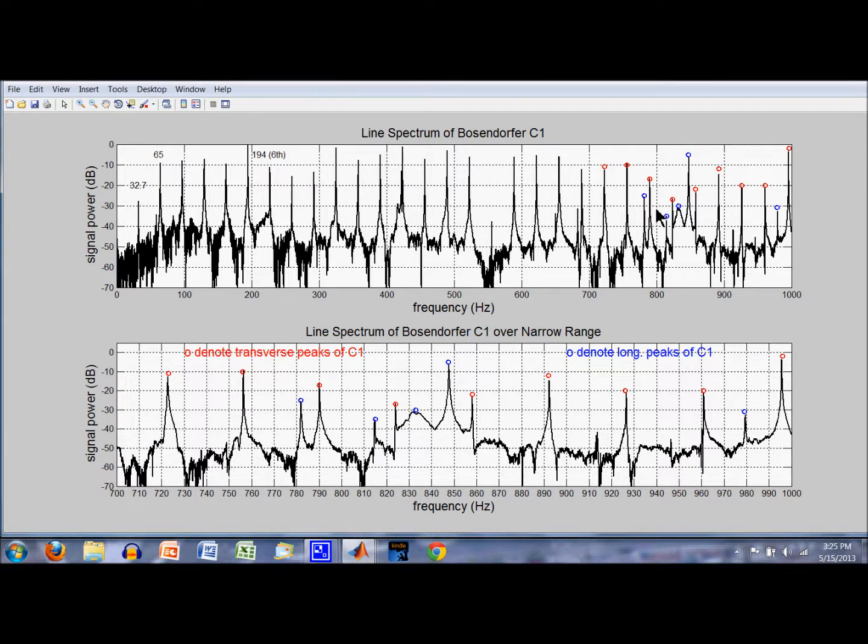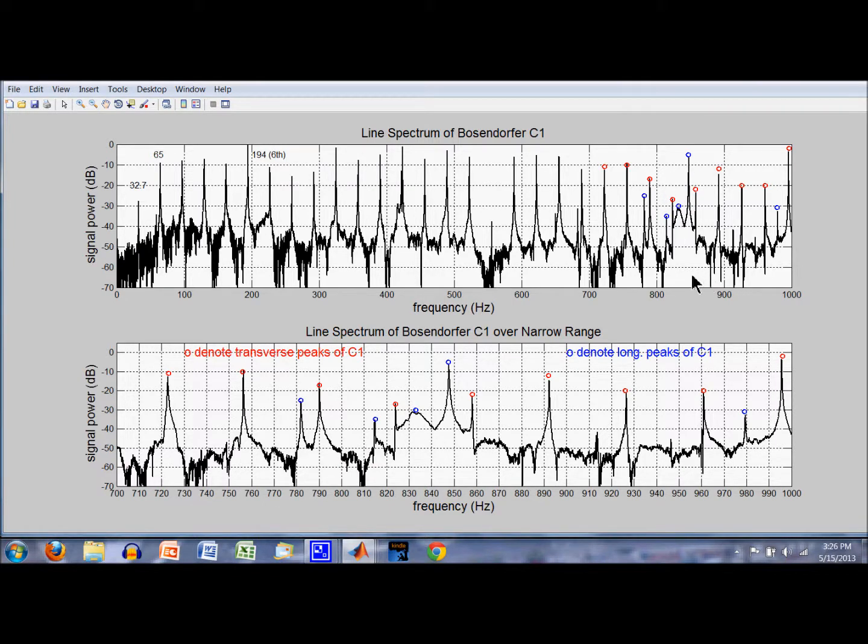However, when we get over here to the higher range, around 800, 900 hertz, I've circled the transverse peaks, little red circles, and they're continuing on with a spacing of about 33 hertz, which would correspond down here to the fundamental. But you see these extra peaks show up, the ones I show with blue circles, and they're higher frequency, of course.